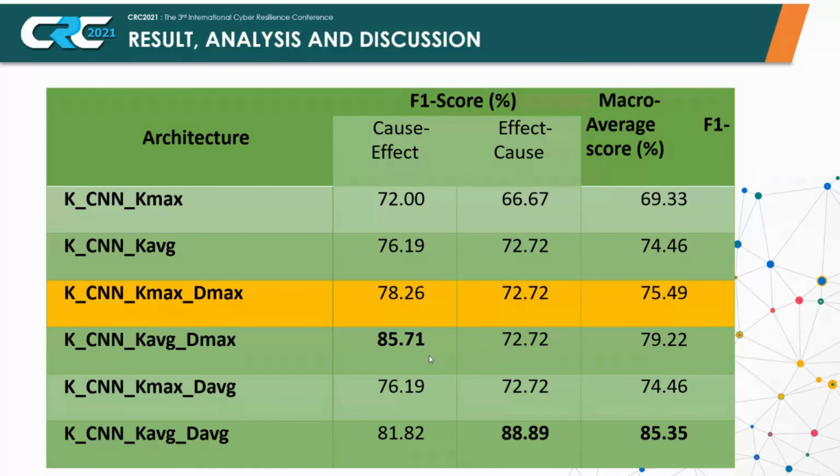And for effect-cause, it is KCN with K average and D average. And overall, the highest average F1 score is KCN with K average and D average, which shows that the average pooling layer is the most suitable architecture for this SCS data.